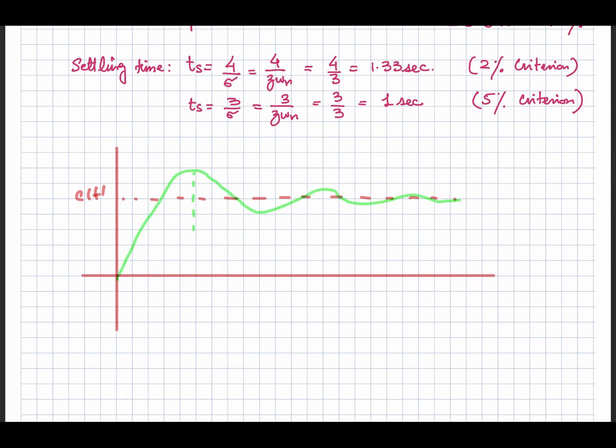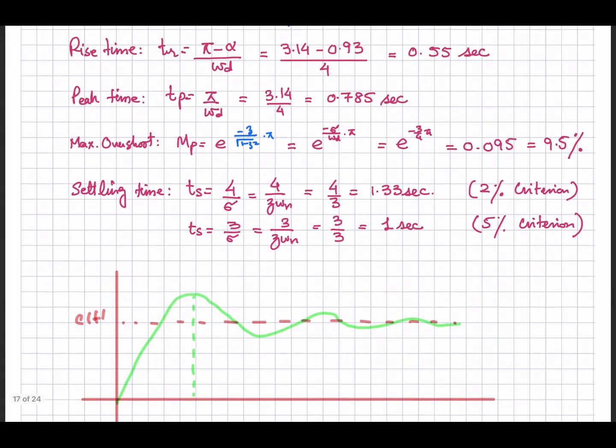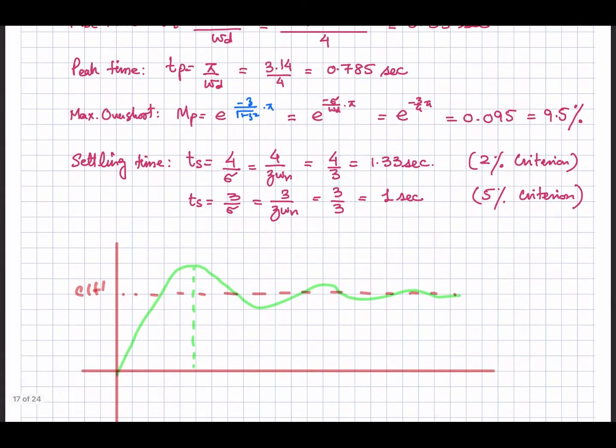So the peak time is 0.785 second, right, and the overshoot is 9.5%, and then if I look at the settling time, let's define this limit.